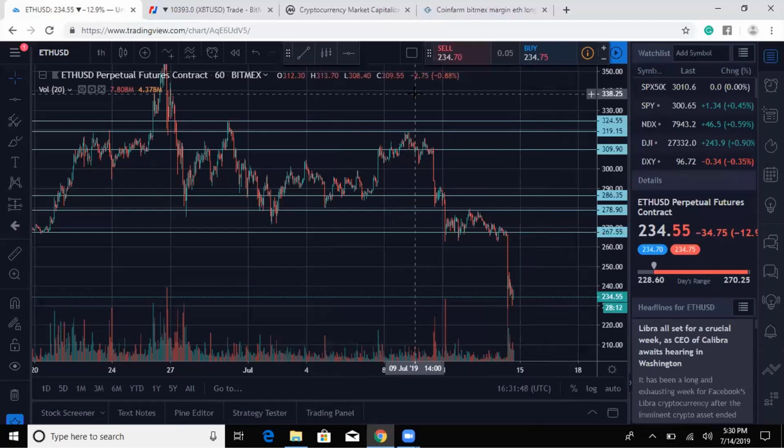Just for you to get that clearly, confirmation and entry points are not the same, so maybe you might get confused. Let me make it clear. The 1 hour is where I base my confirmation on taking a position. If I want to take a position, I first of all confirm where the direction of the trend is going.